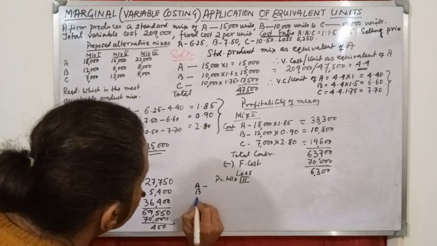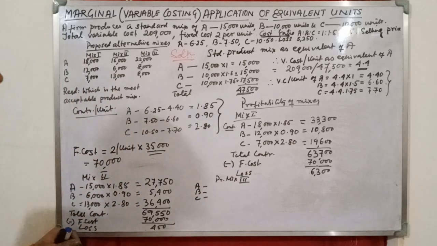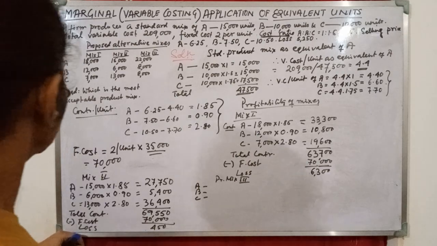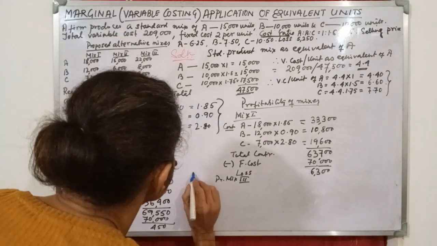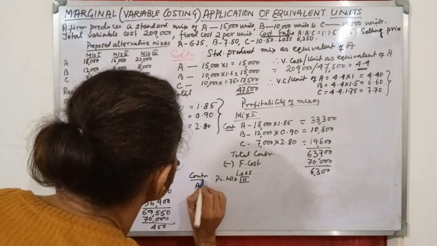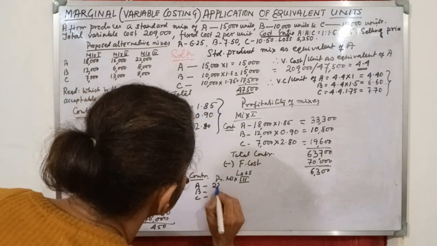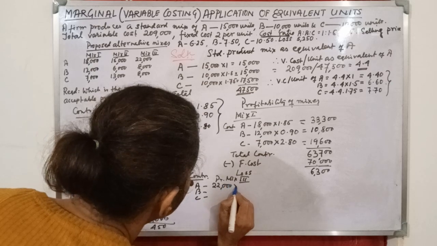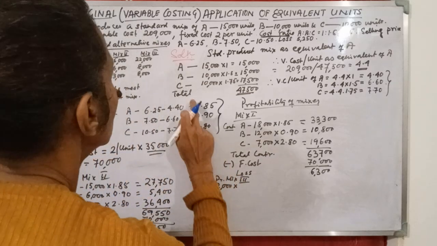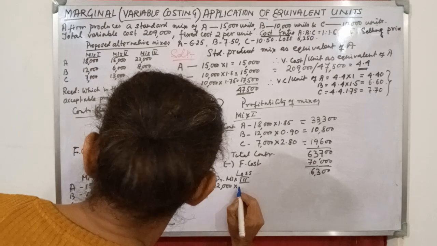A, B and C. Total contribution of A in product mix 3 is 22,000 multiplied by 1.85.